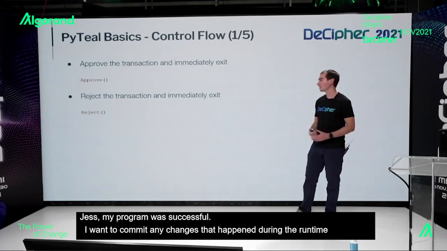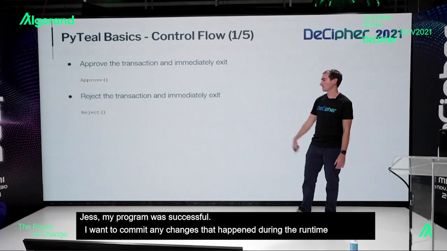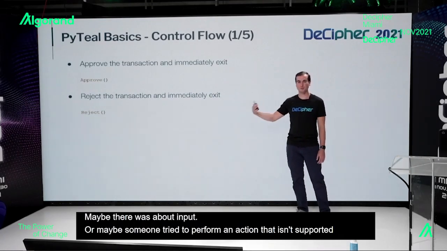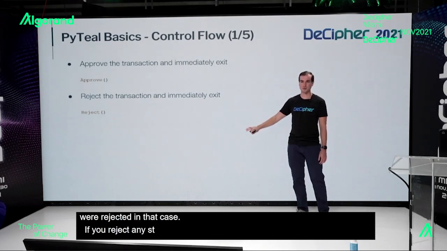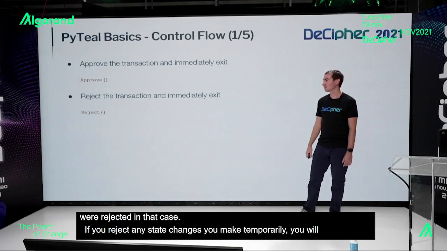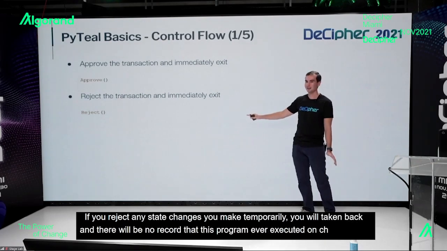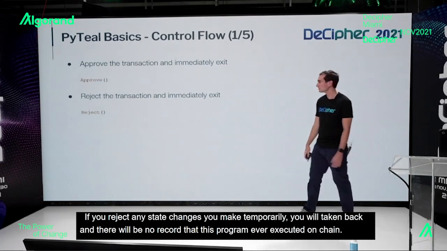Maybe there was a bad input, or maybe someone tried to perform an action that isn't supported. You would reject in that case. And if you reject, any state changes that you have made temporarily will get rolled back, and there'll be no record that this program ever executed on chain. As soon as you call one of these methods, your program will immediately stop. If it's approved, it'll get committed to the chain. If you reject, then it'll get thrown out.